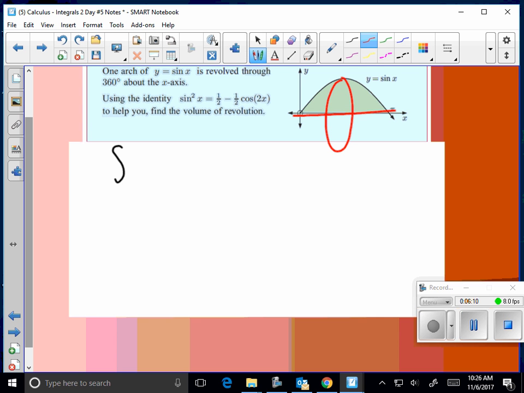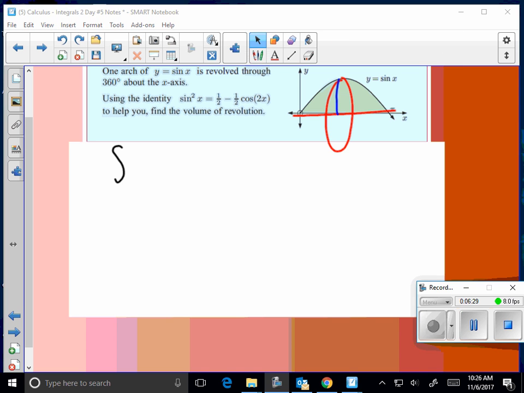No, it won't be 1. What is r? What is this distance right here? That distance is not 1. It's 1 in that case, but it's not always 1. That's the max height. And how do we get the max height? F of x.